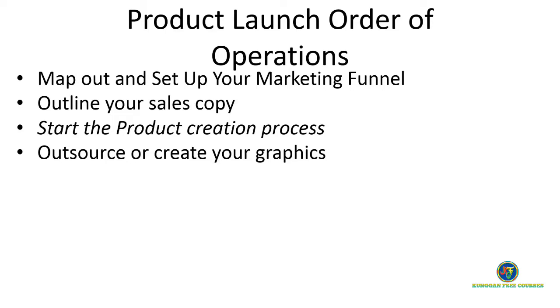And this is how many good ideas sit on the shelf. You want to do the counterintuitive thing: map out your sales funnel first, outline your sales copy, and then start creating your product. And once you start creating your product, while the product is being created, again, this is important, while the product is being created, not after, start outsourcing your graphics. And if you've written your sales copy, that's going to be an easy thing to do.